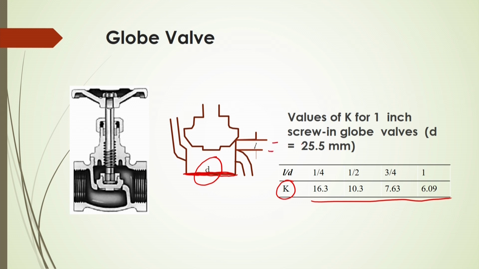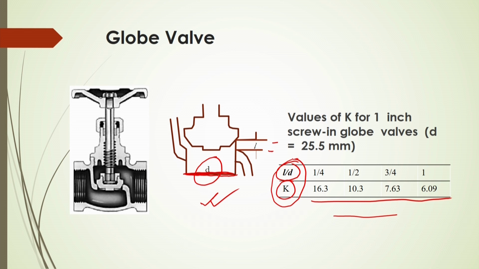Based on this, as represented in the figure, we can get the minor loss coefficient for different ratios of L by D. The values of the minor loss coefficient for 1 inch screw-in globe valves are considered with D equal to 25.5 millimeter. For those cases, the minor loss coefficient K depends on the L by D ratio as given in the table.